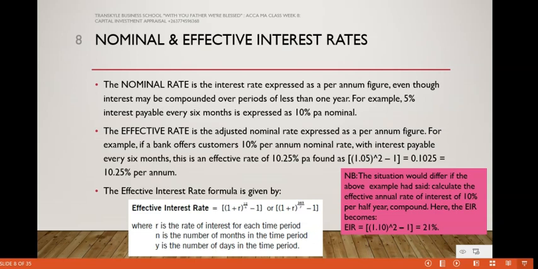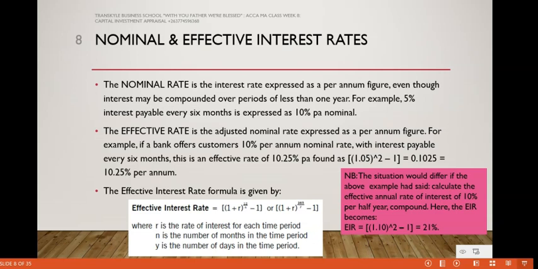Okay, so if we are going to charge a person 5% every 6 months, in actual fact, what we are simply saying is in a particular year, this guy pays 10%. Because in a year we've got two 6 months periods.